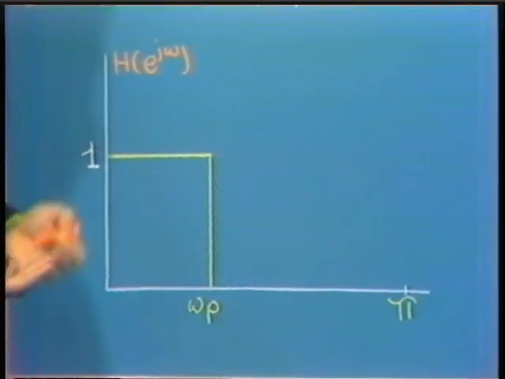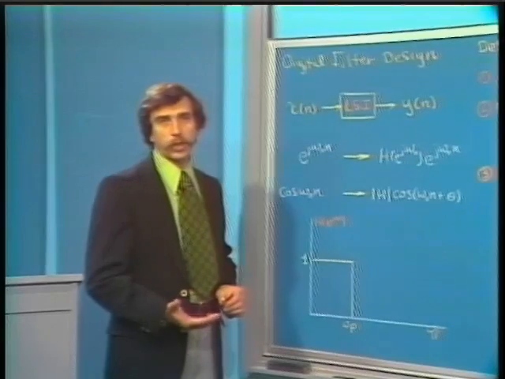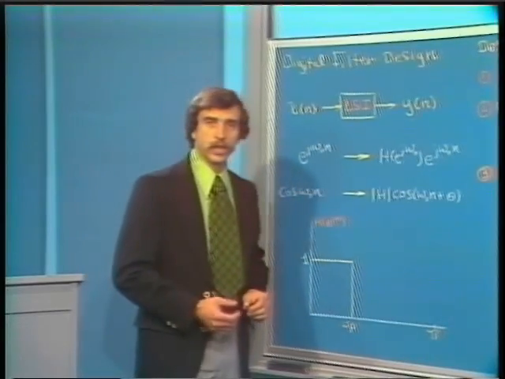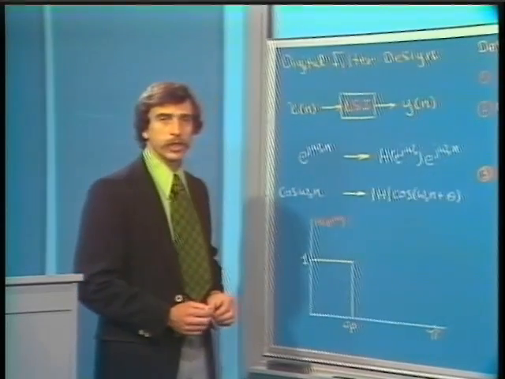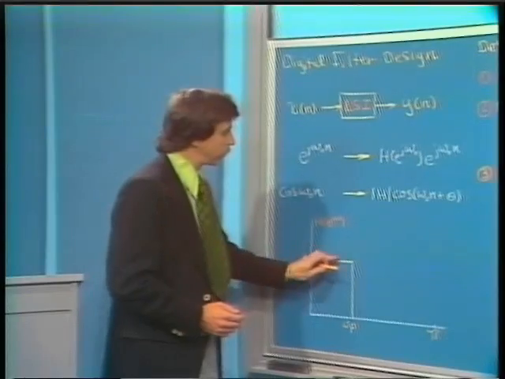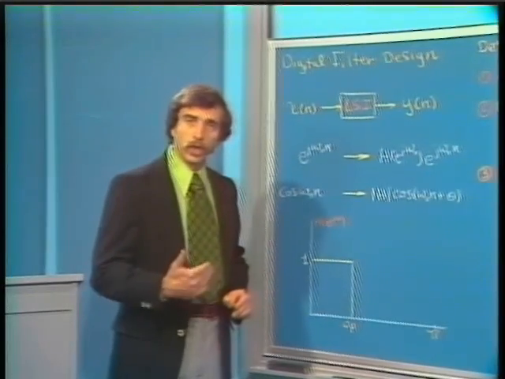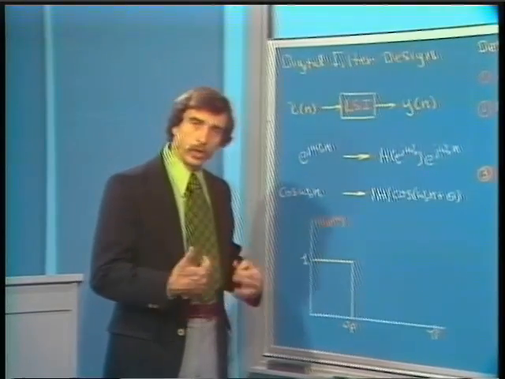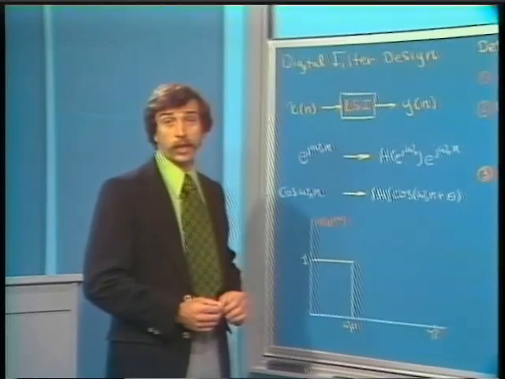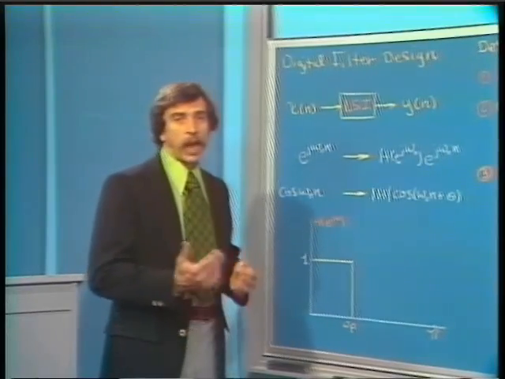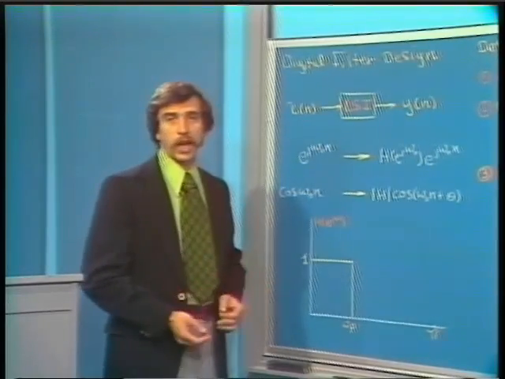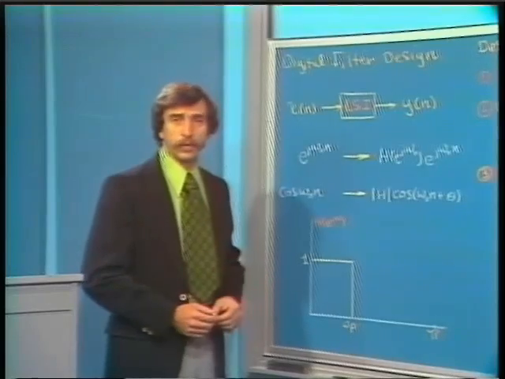So this then is one type of filter and one class of filtering problems, generally what we would refer to as frequency selective filters. We've illustrated that here with the example of a low-pass filter, but of course there are other kinds of frequency selective filters, for example, high-pass, band stop, multiple band filters, etc.